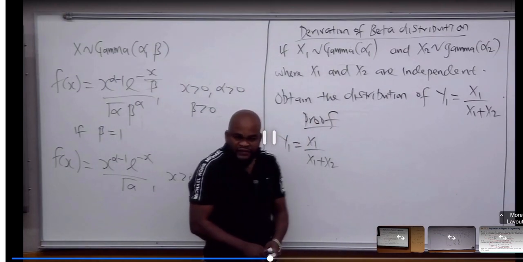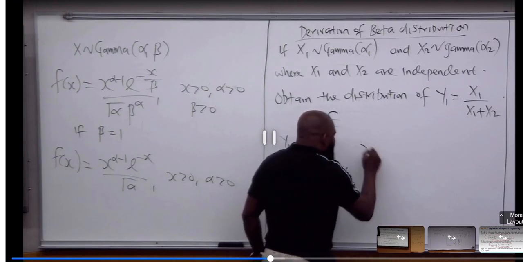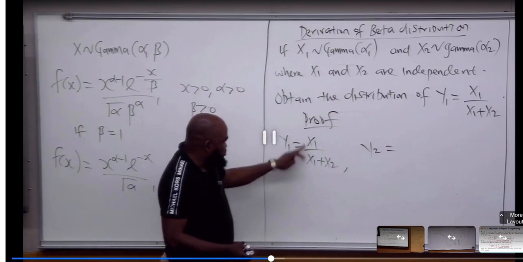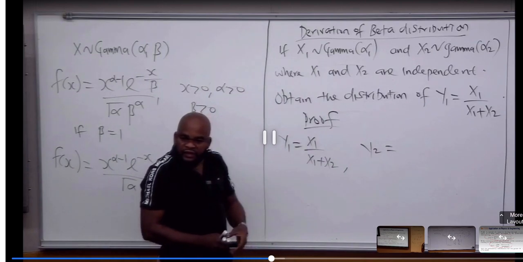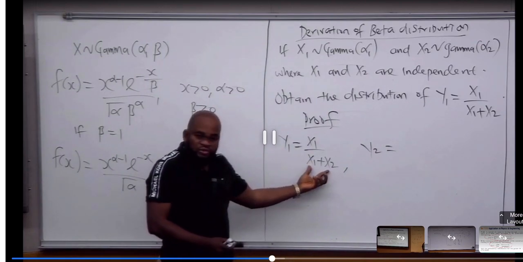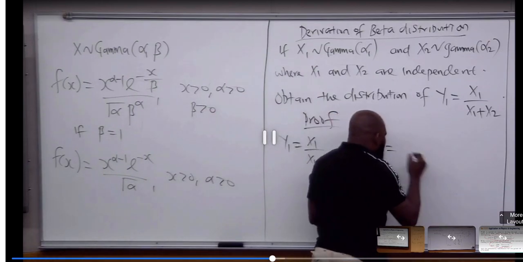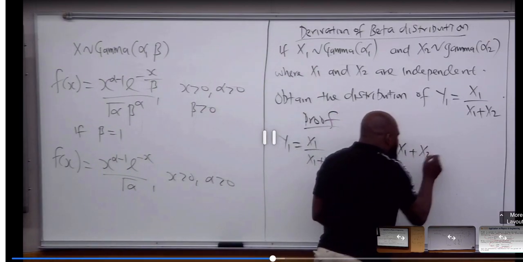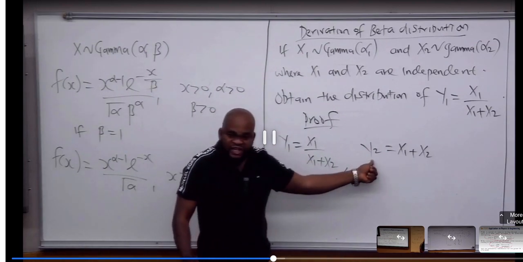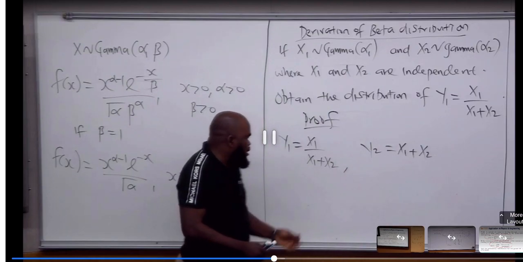Therefore, I need to introduce an artificial variable, so I'm going to say y2. Whenever you have a fraction like this and you want to introduce an artificial variable, you use the denominator, which is the total. I've created an artificial variable that I'm going to integrate out later.